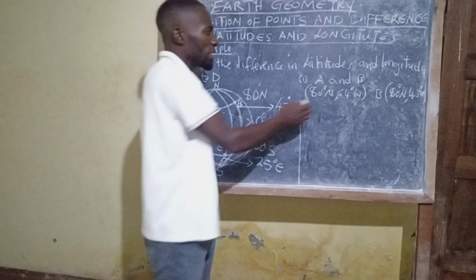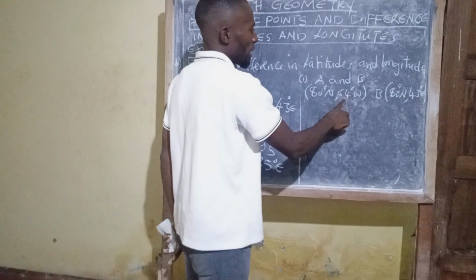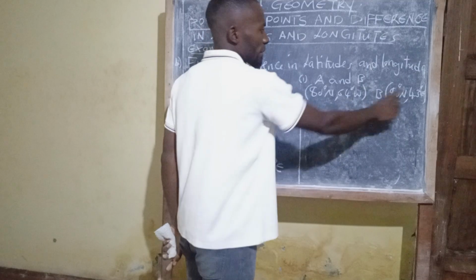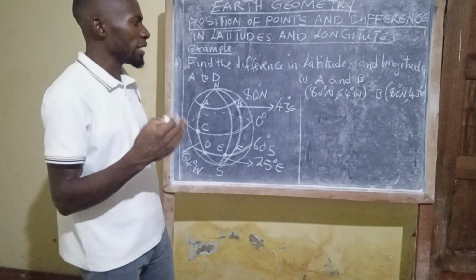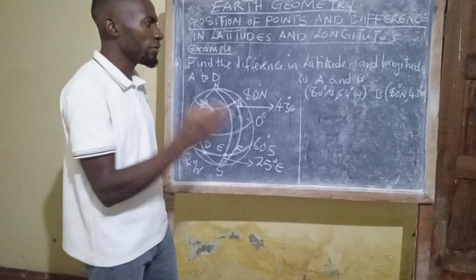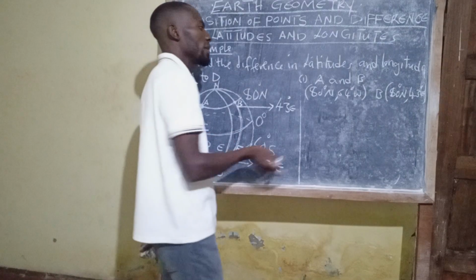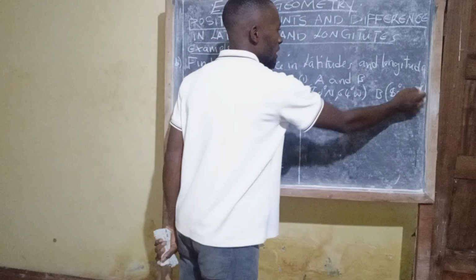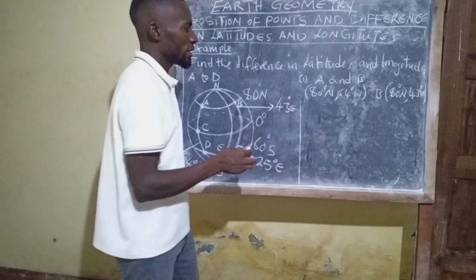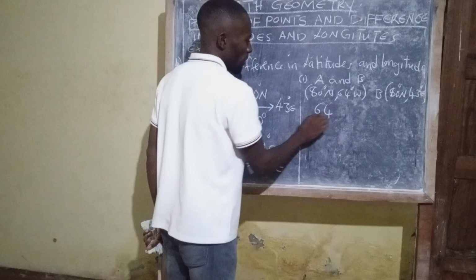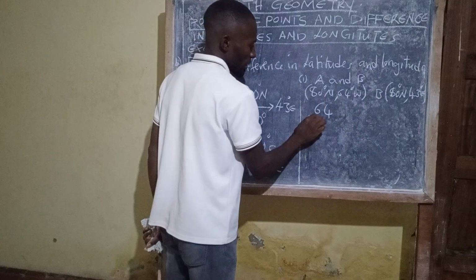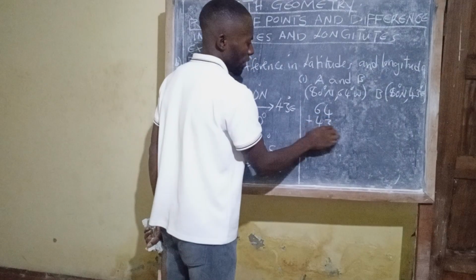When you look at the difference in longitudes, this longitude is west and this longitude is east. So as we said earlier, if they are in different points, one is in west and the other is in east, what do you do? We add. So this simply means we are going to add 64 plus 43.